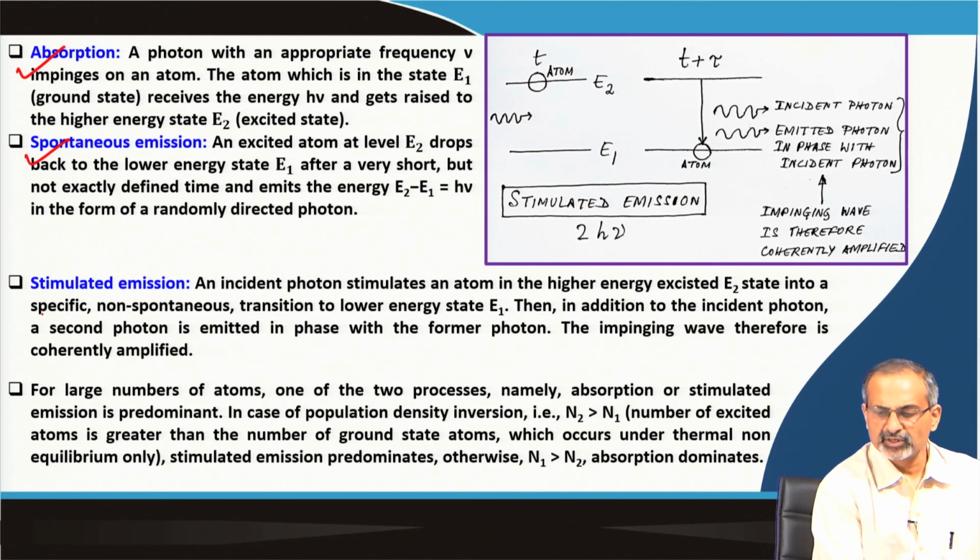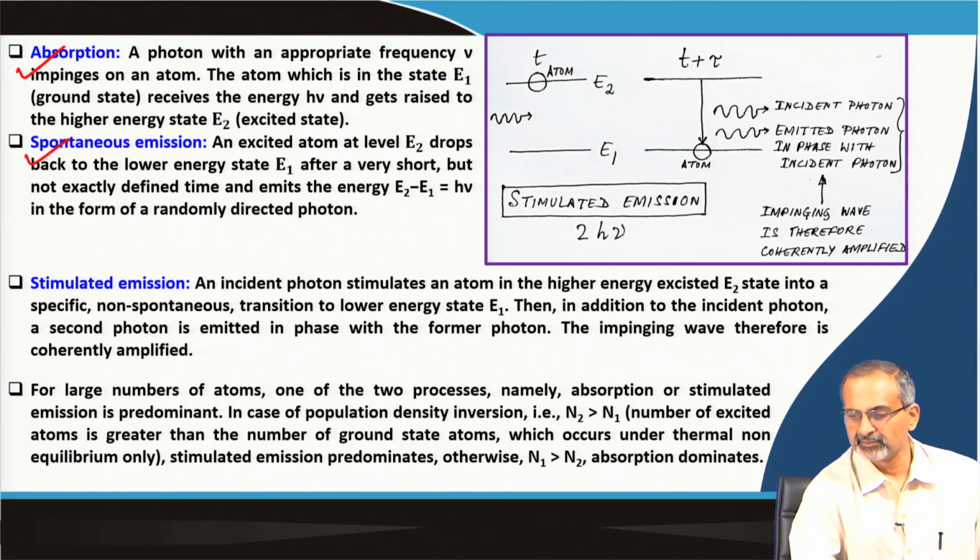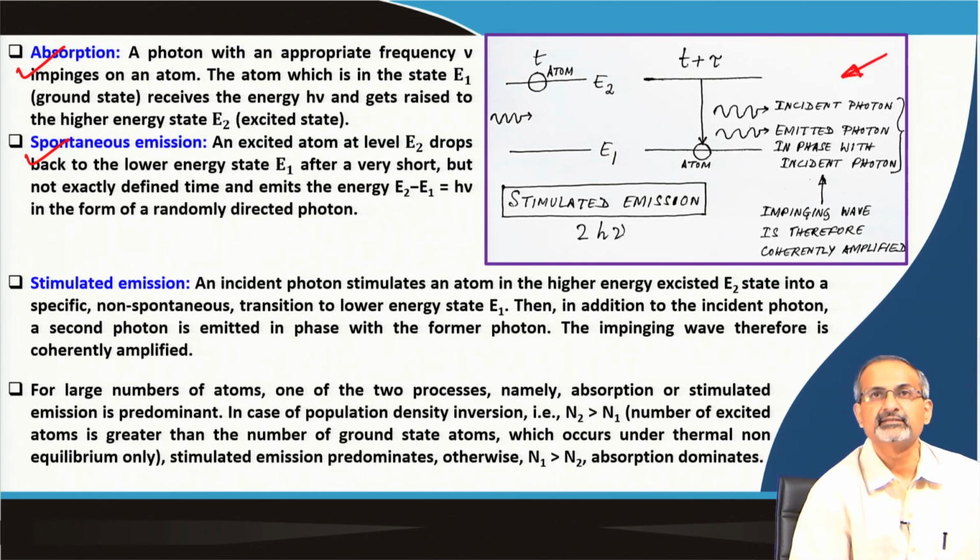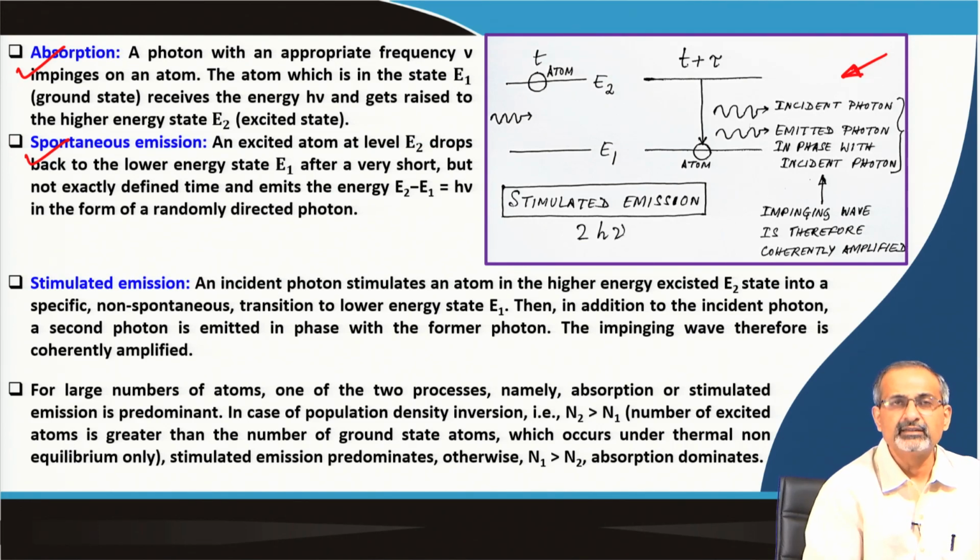When it comes to stimulated emission, this is the diagrammatic representation. Let us try to read the lines as we look at the diagram as well. An incident photon stimulates an atom in the higher energy excited state E2 into a specific non-spontaneous transition to lower energy state E1.